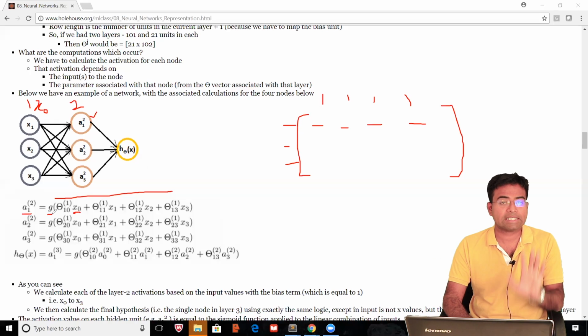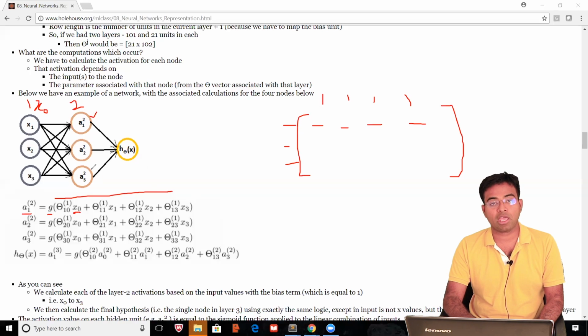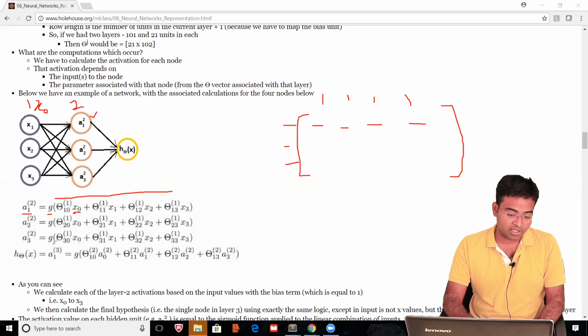It is a function applied over the value coming out, and the output is the final value of A12. This is how all these values are calculated. Eventually, after this layer, you get the values A12, A22, A32, and you use the coefficients in this layer to compute this value. This is the eventual value.